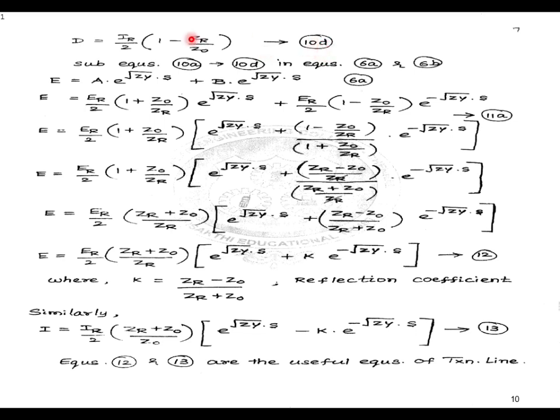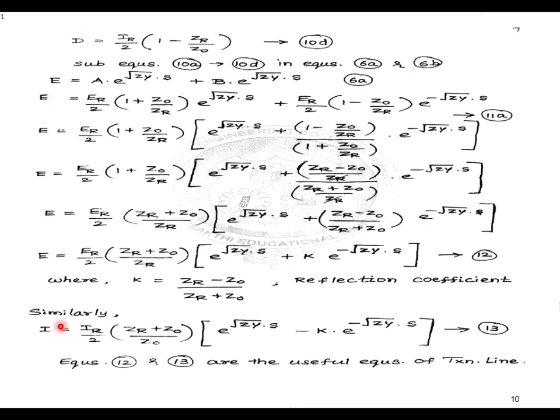If you substitute equations 10a to 10d in equation number 6a, that is the A, B, C, D values in the solution of the differential equation, substituting those arbitrary values, you can get the voltage and current equations.